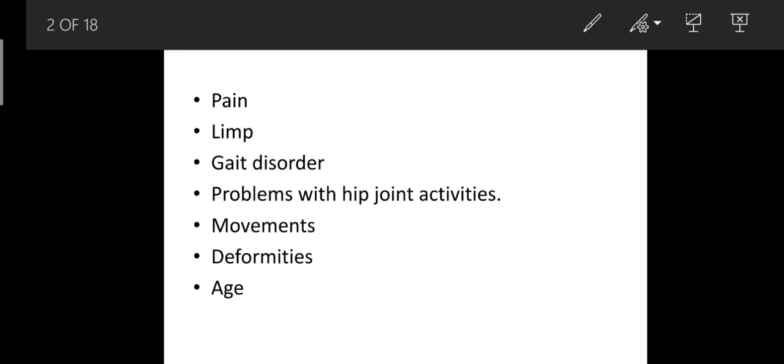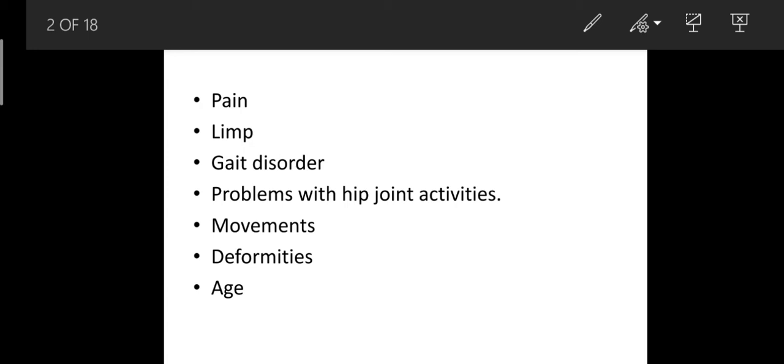It could be painful, as in acute hip conditions like arthritis, or painless, as in congenital dislocation of the hip. Limp is usually noticed and told by the relatives rather than by the patient himself.